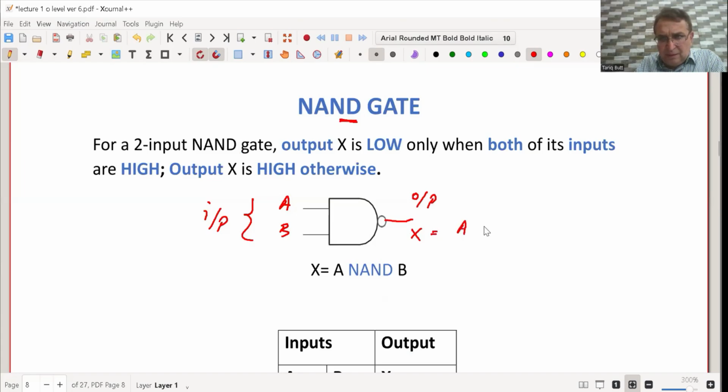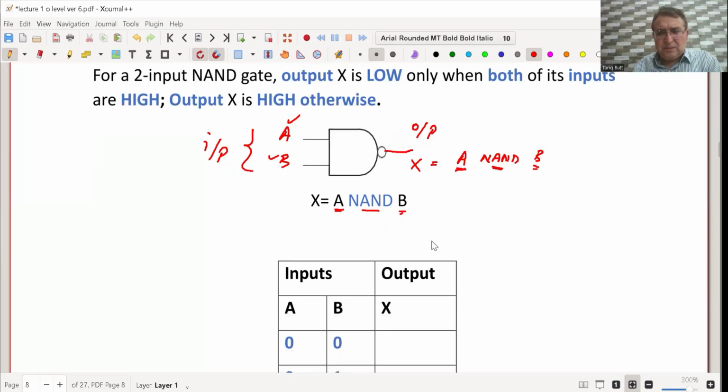A, NAND, since it is NAND, and then the second input, which is B. So A, first input, second input B, and those are coupled with NAND. Fine. So the logic expression for NAND is A NAND B.